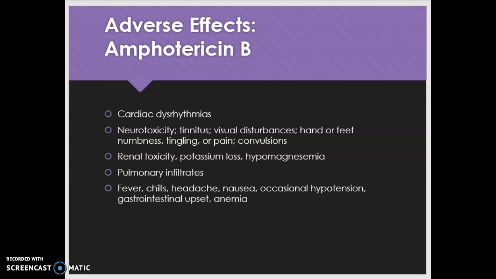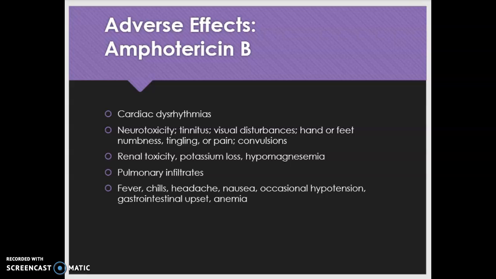A major adverse effect is renal impairment, and it's reduced by previous sodium loading, but we can have cardiac dysrhythmias, neurotoxicities, including tinnitus, visual disturbances. In the hands and feet, we'll see paresthesias or numbness, tingling, pain. They may have convulsions. Potassium is lost, so we'll get hypokalemia, also hypomagnesemia.